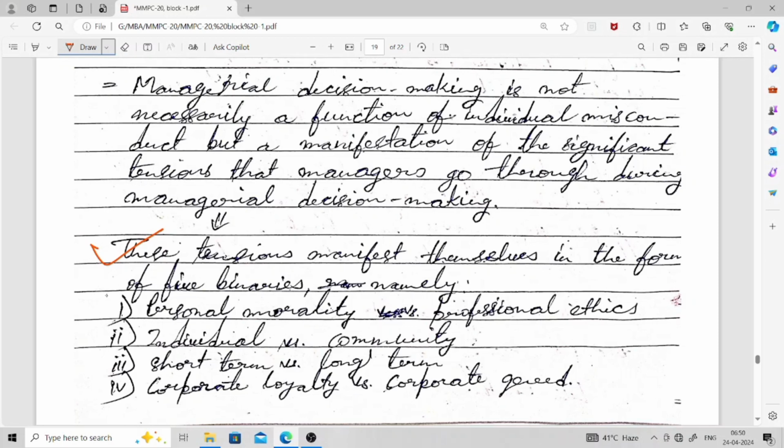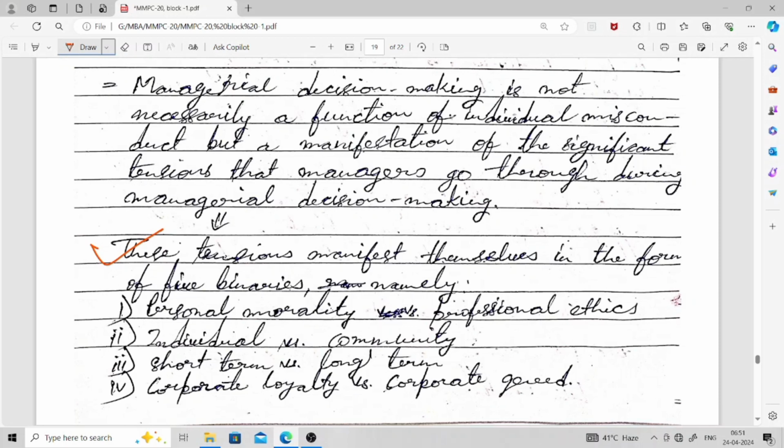What are these binaries? Personal morality versus professional ethics. It means there is always a dilemma between these two. So whether the manager is going to follow personal morality, or whether he is going to act according to professional ethics.